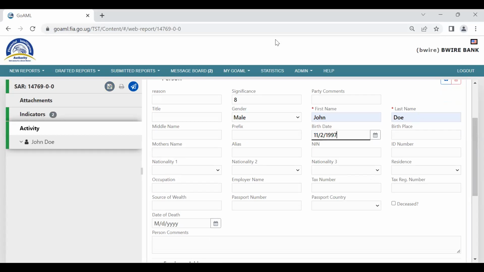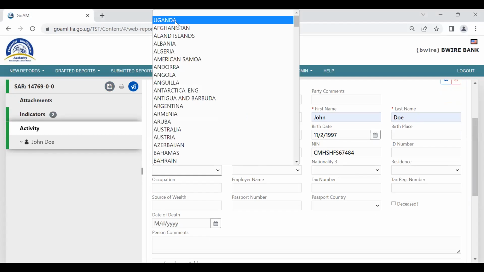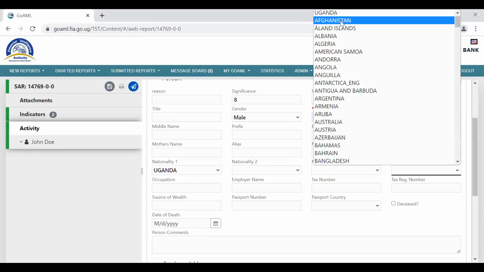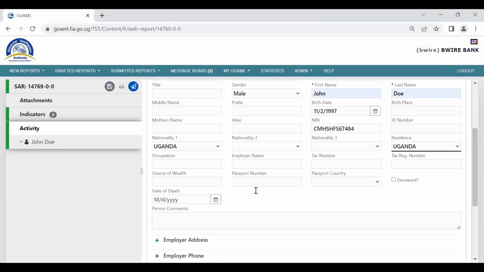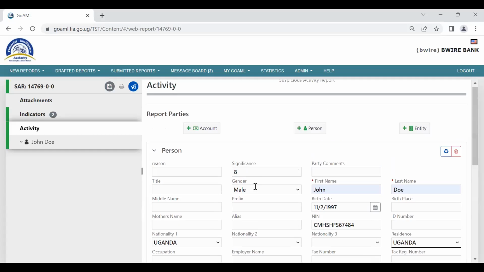If you are able to capture the NIN, since he was going to send money, have that in. Nationality, residence, basically that is it.